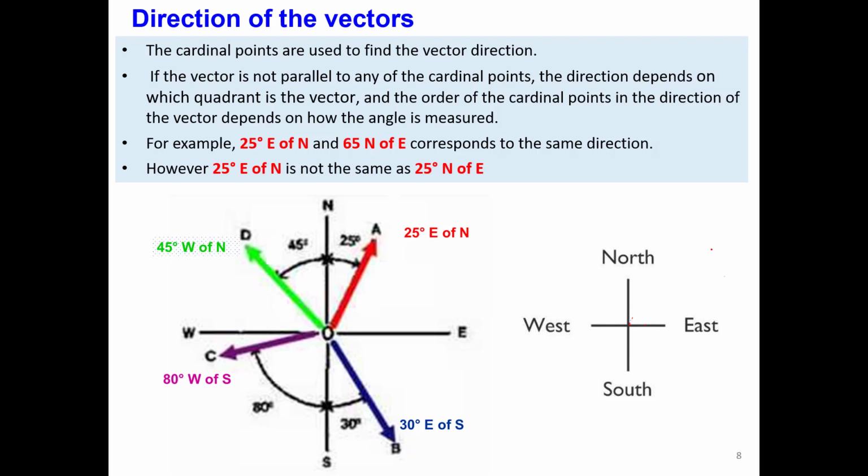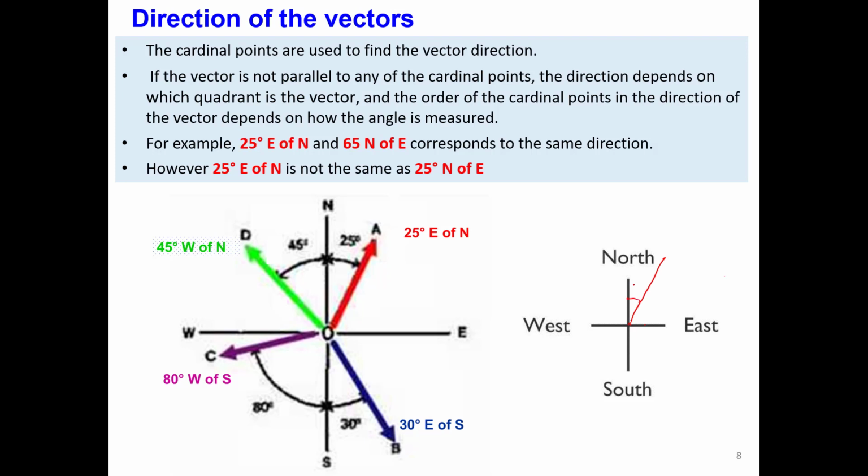And we can see these two vectors, this direction does not correspond to the same vector. And 25 east of north means we will start from north. Yes, this is the vector.